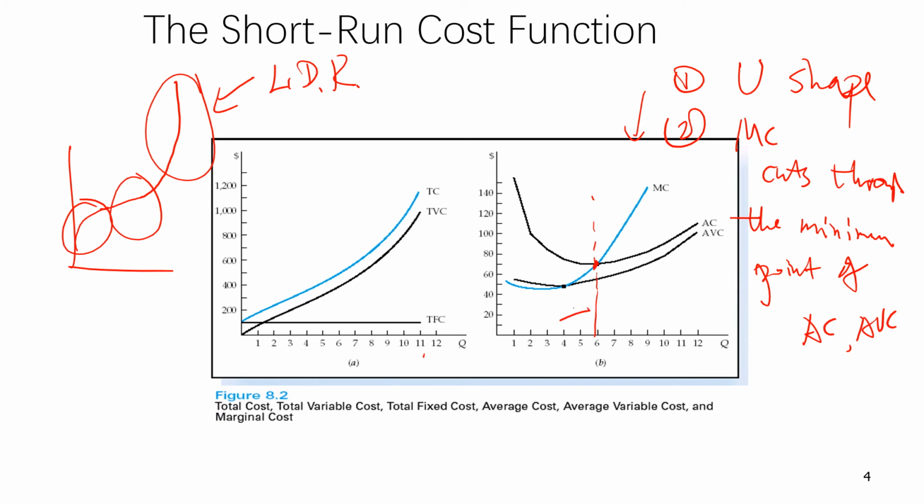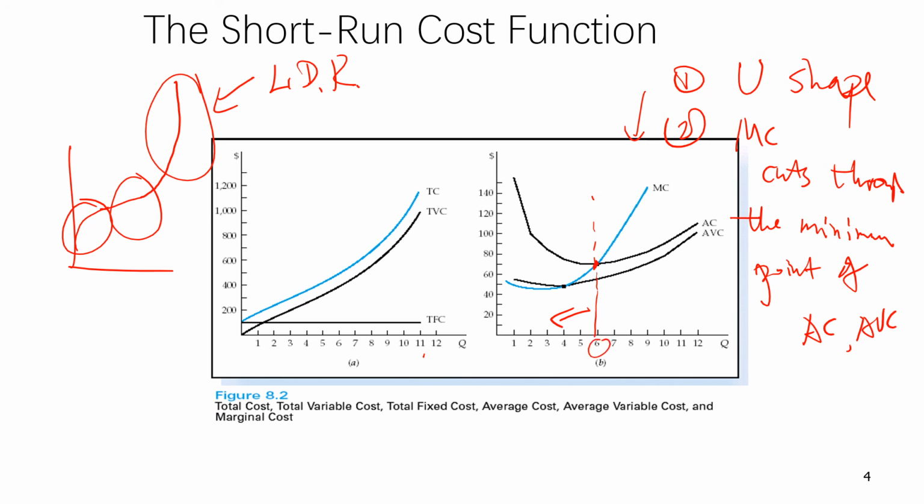Before this point, we see that average variable cost is above the marginal cost. What's the marginal cost? It is the actual cost associated with the actual 1 unit of output. Since the old average is higher than the new actual cost, if we add this unit in, then the new average decreases. So average cost decreases.